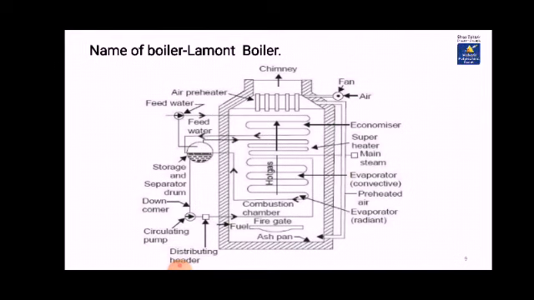Now let's see how the working of this boiler takes place. First of all, the feed water from the drum is given to the evaporator, that is, the water tubes, from storage to the evaporator drum.